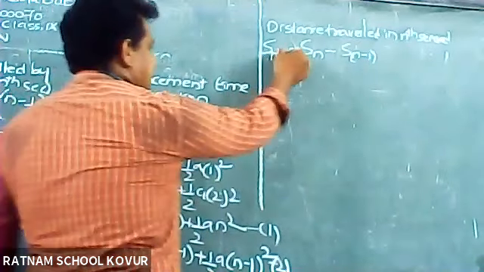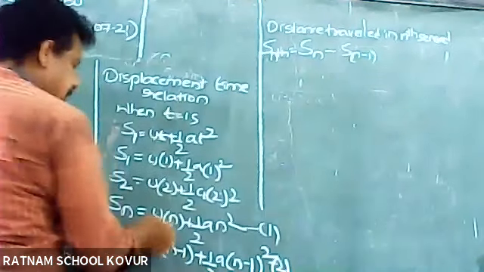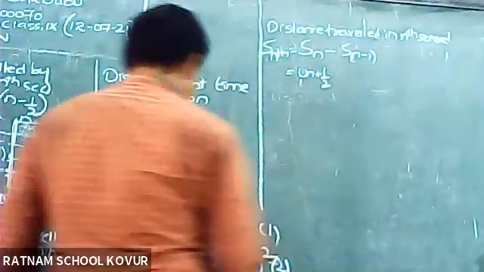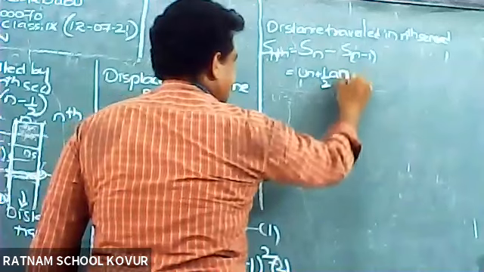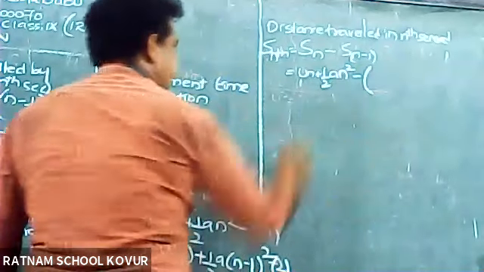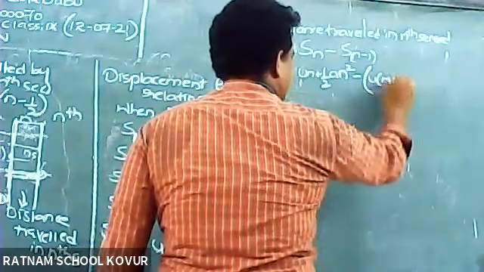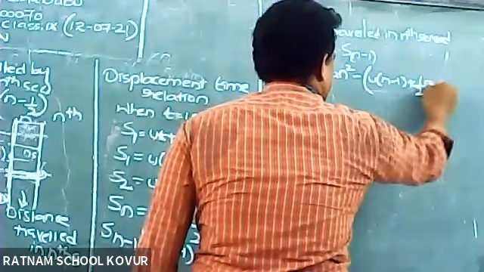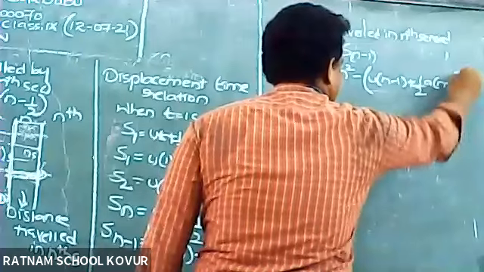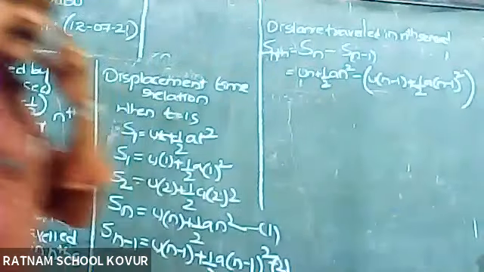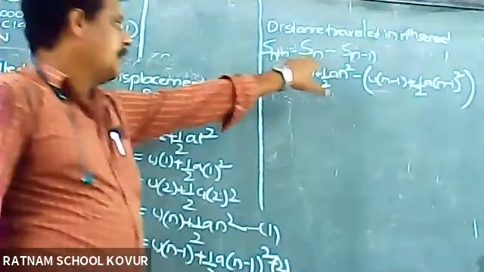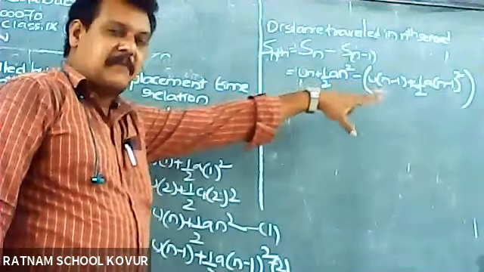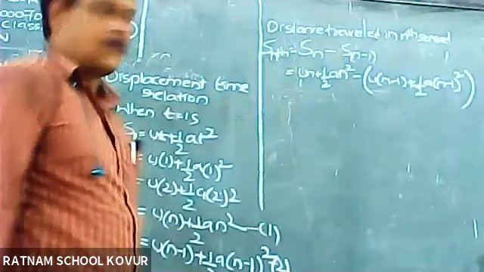So S nth is equal to Sn, Sn means un plus 1 by 2 an square, minus u into n minus 1 plus 1 by 2 a into n minus 1 whole square. Just in the place of n, you have to replace n, and here Sn minus 1 means n is replaced by n minus 1 whole square.